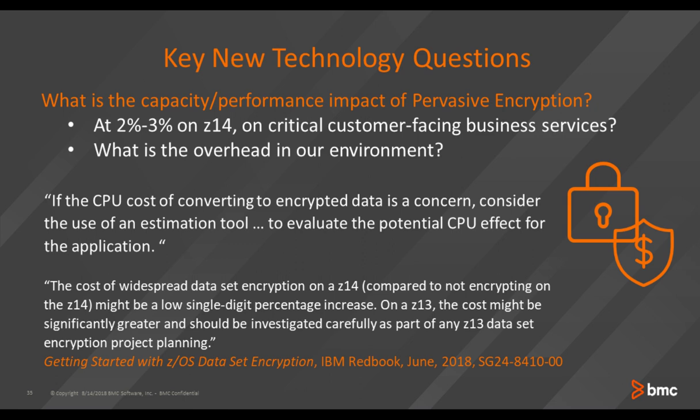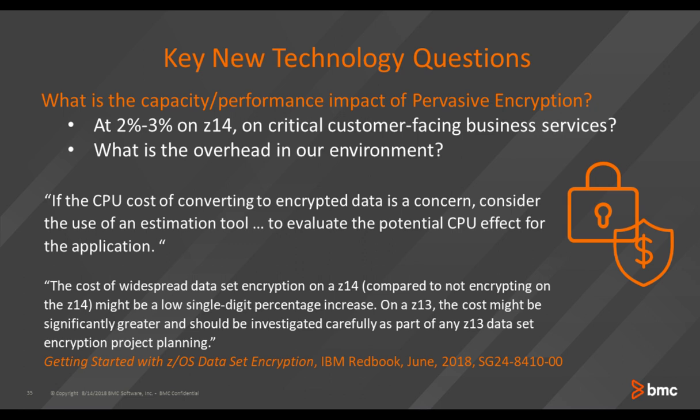You can apply that same kind of question to new technologies like pervasive encryption. IBM has stated that the overhead on a Z14 is relatively low single digits, so think 2 to 3%.